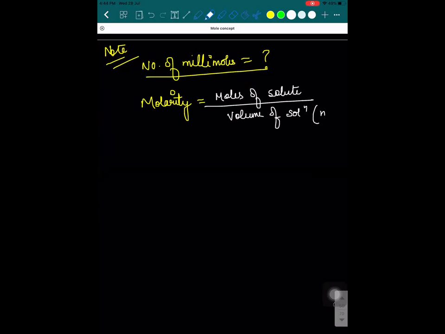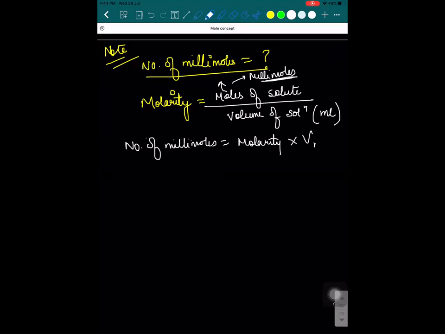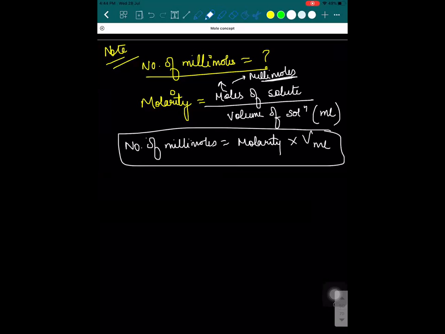But if I am taking the solution in ml, then these will be my millimoles actually. Directly, because I am not multiplying with 1000, I am directly writing millimoles. So the number of millimoles will be molarity into volume, but that volume should be in ml. Yes or no? This is the formula you can write.